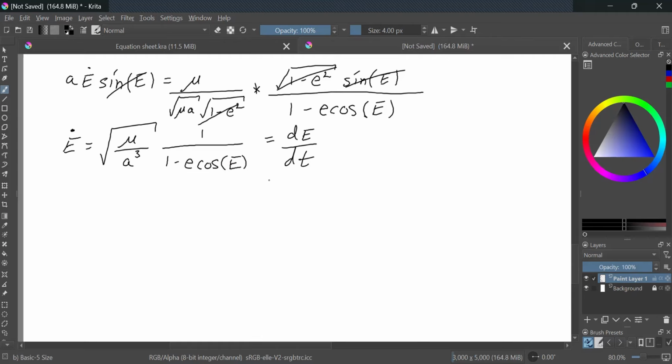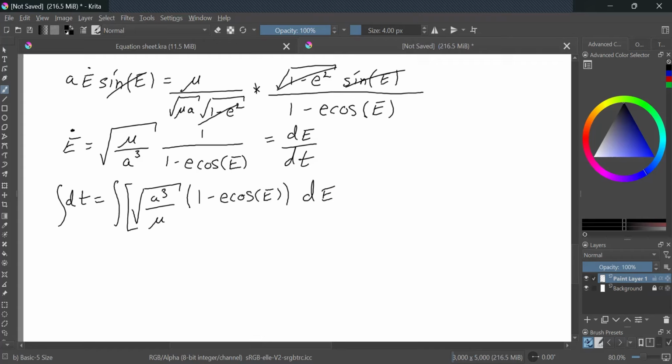And that is going to look like dt is equal to the square root of a cubed divided by mu times 1 minus e cosine of big E dE. And so we integrate these, and we can use any range that we want for integrating these.